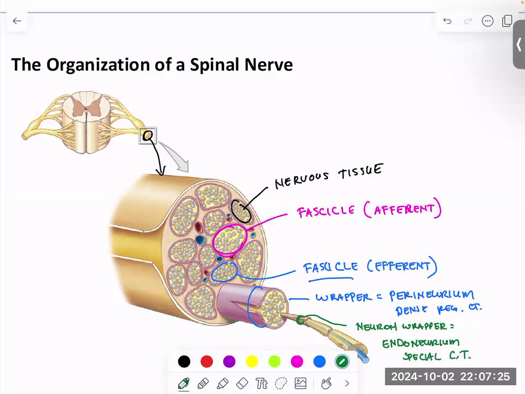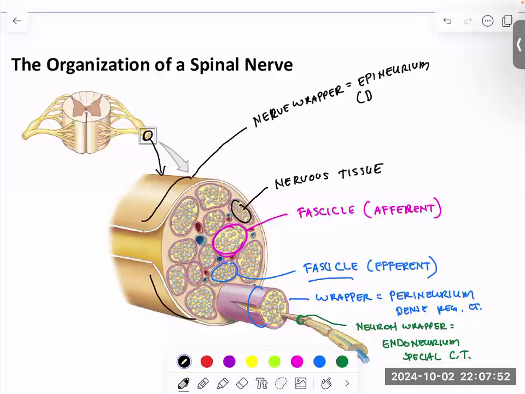We didn't need to know it. Surrounding the entire nerve, all of it, the nerve wrapper, is the epineurium.